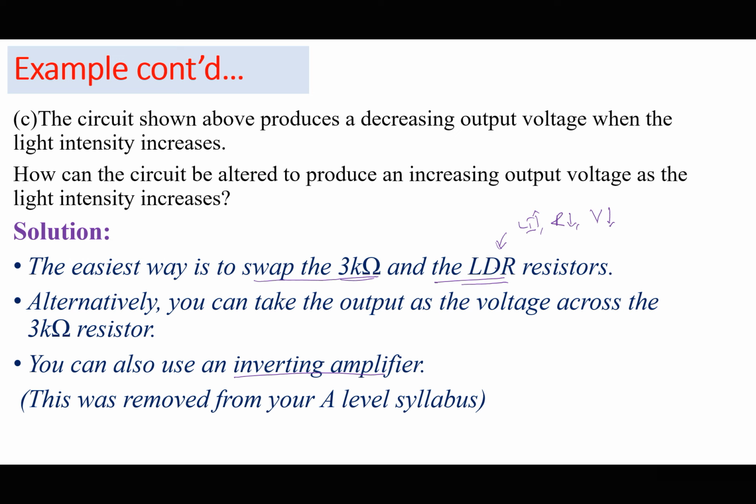So if we want the light intensity to increase and V out to also increase, then we must make sure V out is measured across a fixed resistor, whereas the PD across the LDR decreases, the PD across the fixed resistor increases. Okay, I think that makes some sense.